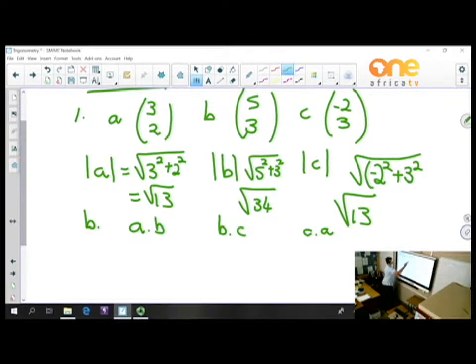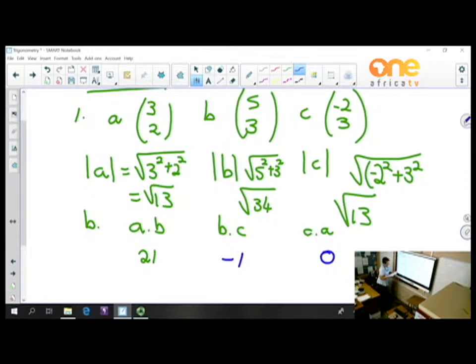So this is 15 plus 6, which is 21. And B dot C, it is negative 10 plus 9, which is negative 1. And then A dot C is then negative 6 plus 6, which is 0. So just getting those scalar products there.